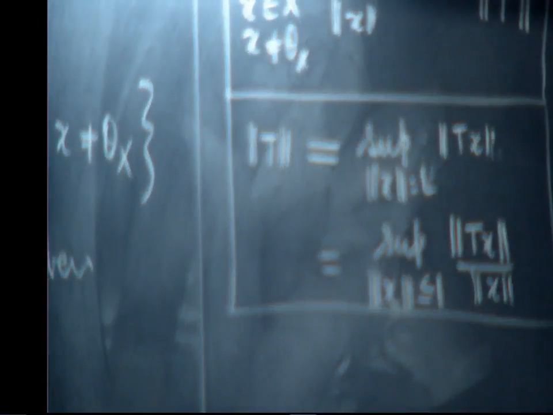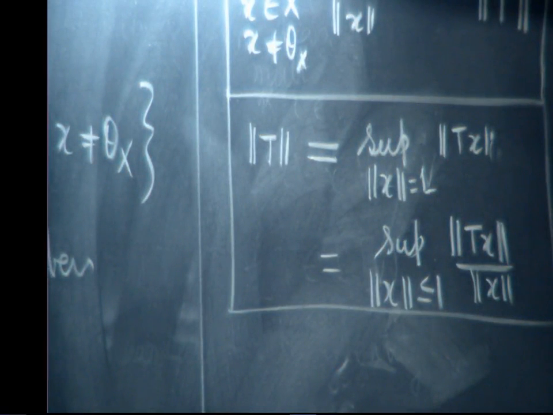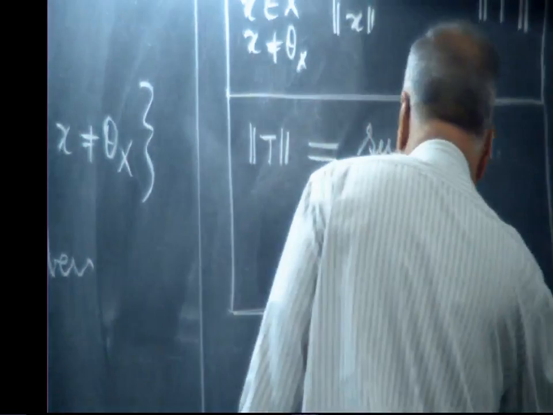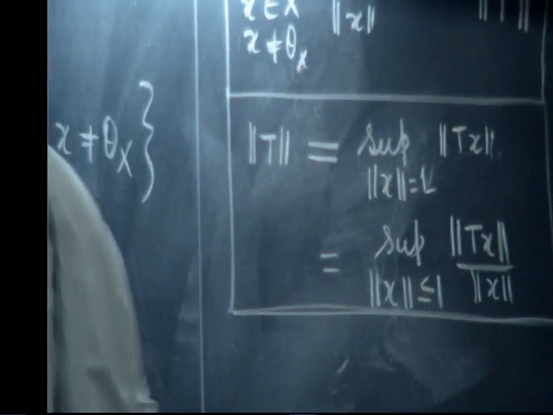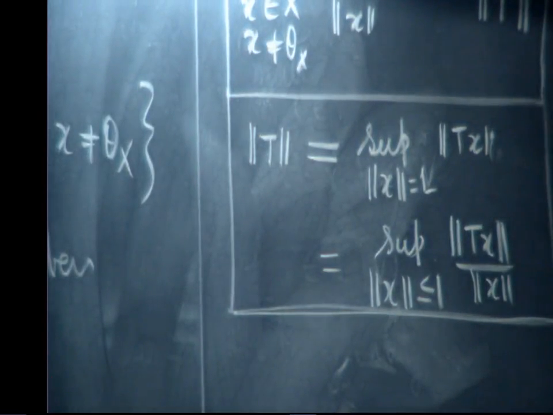You can look at only the unit sphere, or changes in the unit ball, or changes everywhere else. Whichever you focus on, you are going to get the same number, norm T. So with this in mind, we have already used the terminology norm T in anticipation that it is going to be a norm.